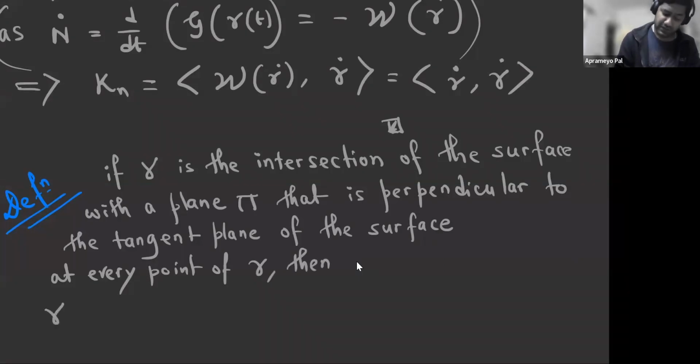Then gamma is called a normal section of the surface.